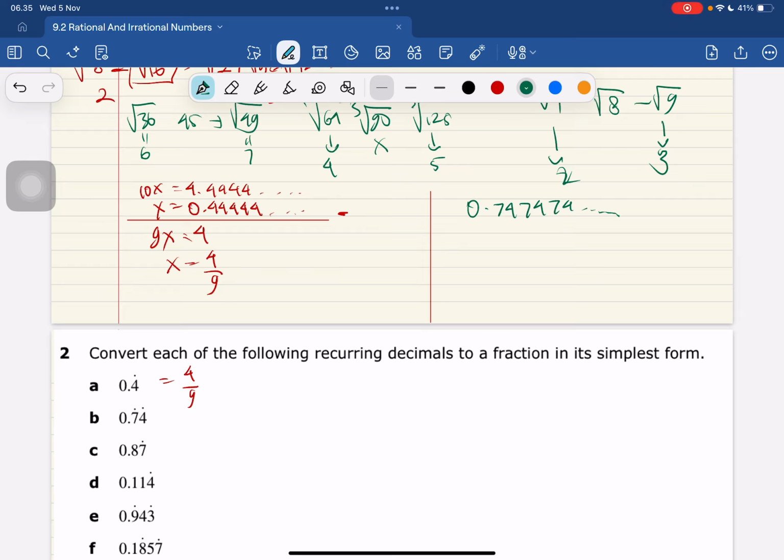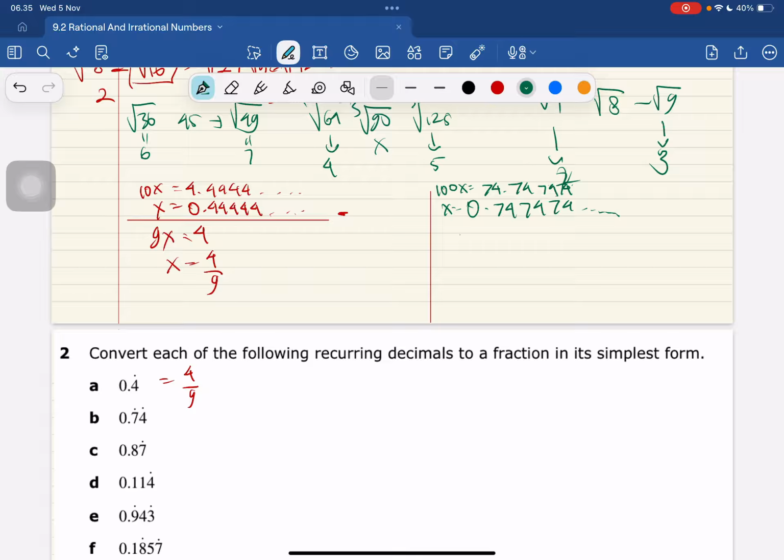Next, to make the 7 and 4 disappear, let's write x equals 0.747474. Let us multiply it by 100. This is going to be 74.7474 and then 74.